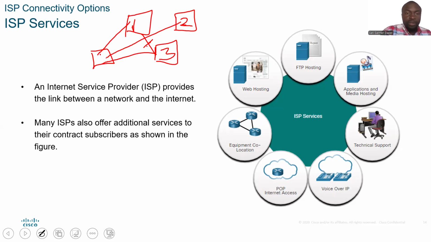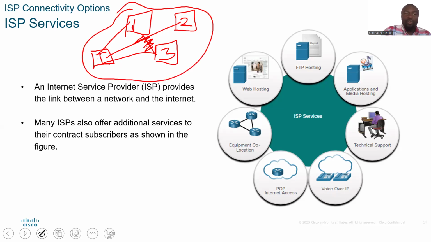Let's assume that PC 1, 2, 3 are connected to a network and they're sharing devices. This is your intermediary device. They're sharing resources. Maybe that's a router or a switch or whatever. So they are sharing resources within this local network.